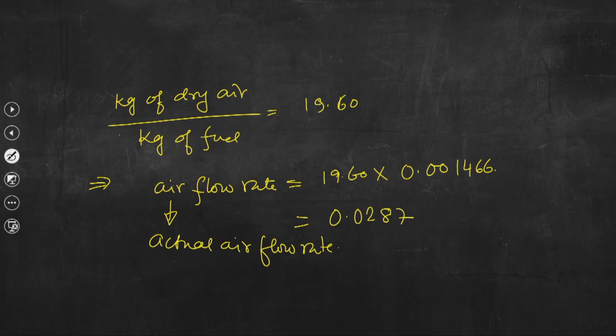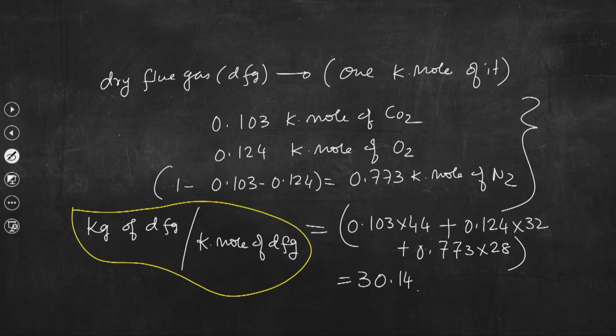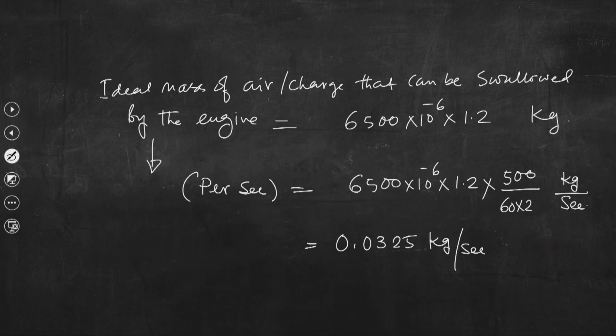Then from there we can calculate the volumetric efficiency, eta V, that is equal to the actual air flow rate, 0.0287, divided by the ideal mass of air to be drawn into the engine cylinder, which we have already calculated as 0.0325.